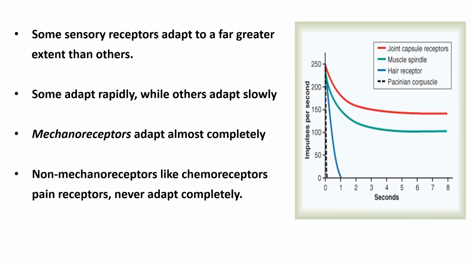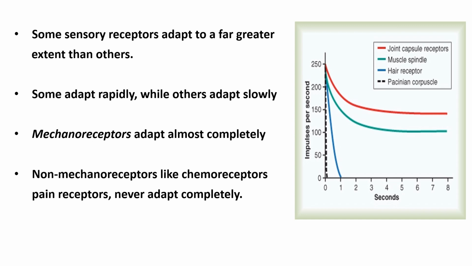Here you will see examples of some receptors in this diagram. Some adapt very rapidly. Mechanoreceptors adapt almost completely. Non-mechanoreceptors like the chemoreceptors and pain receptors never really adapt completely. So you can see here the different adaptation rates of the various receptors.